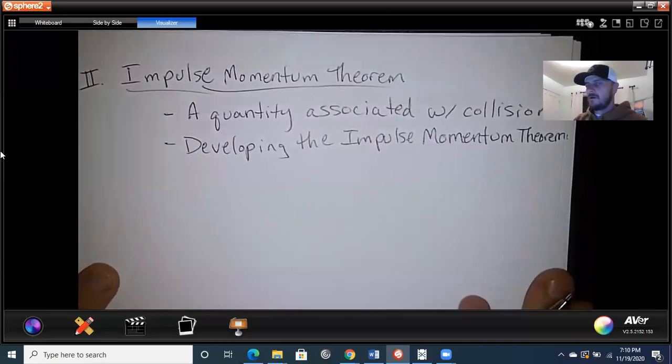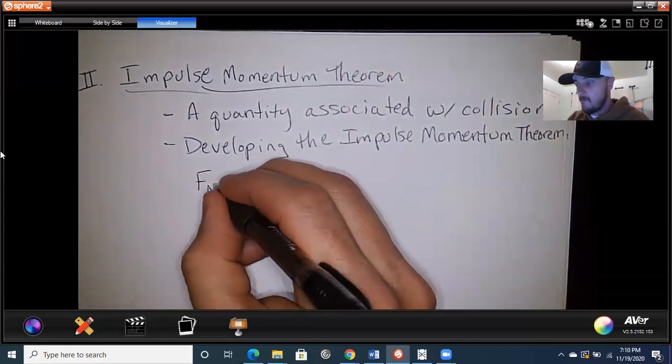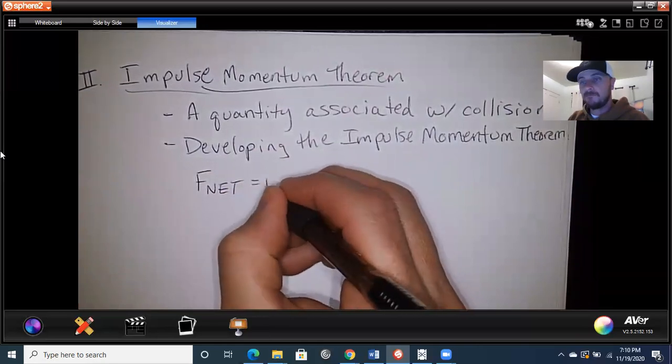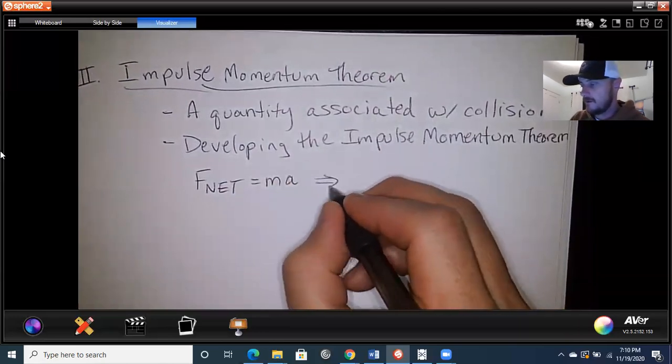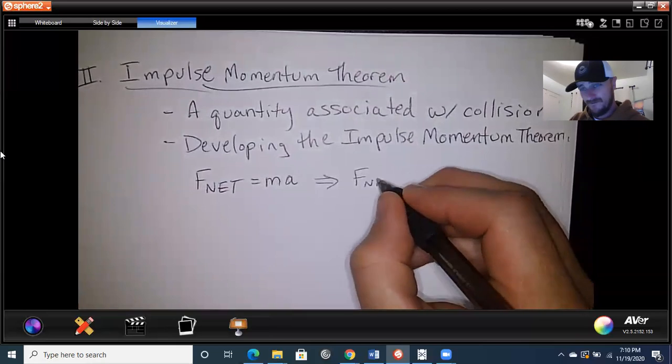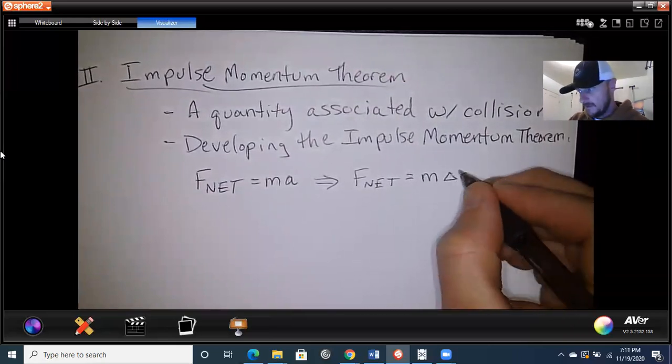All right. So we're going to go back to an idea that we've already learned about and done a lot of work with, which is Newton's second law. So let's start with F net equals ma. Now that was not his original version of that law, believe it or not. His original version of that law was F net equals mass times delta v over delta t.